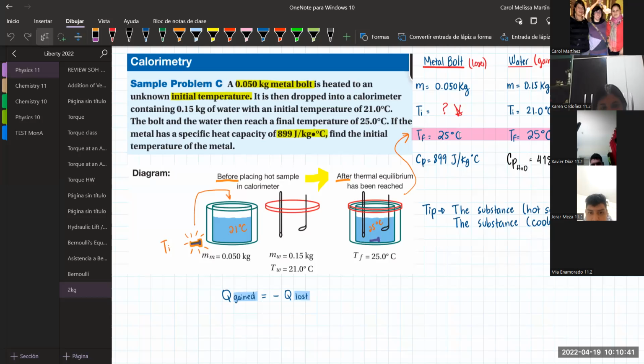Read the problem. It says a 0.05 kilogram metal bolt is heated to an unknown initial temperature.